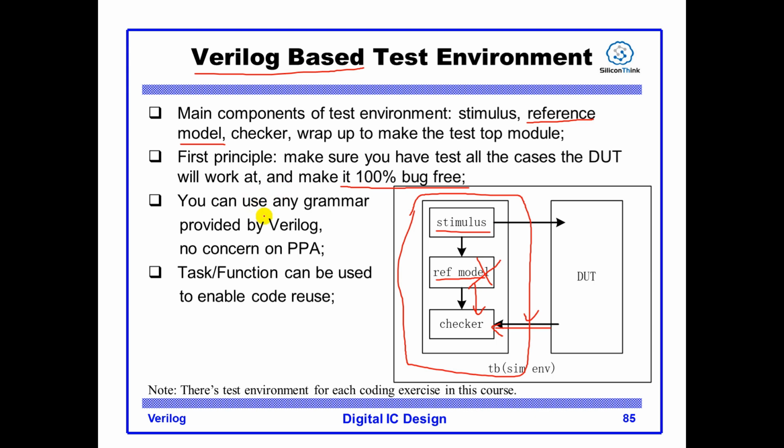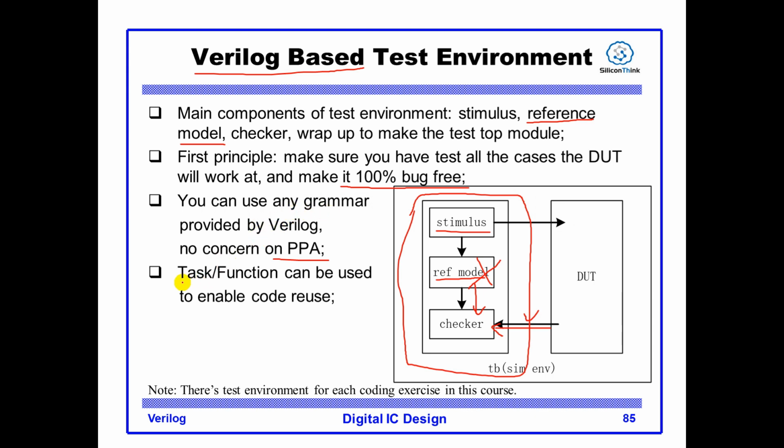And in this test environment, there is no PPA concern. You just care about the test coverage, that is, whether you can make sure the DUT is bug free or not. So you can use any grammar provided by Verilog.